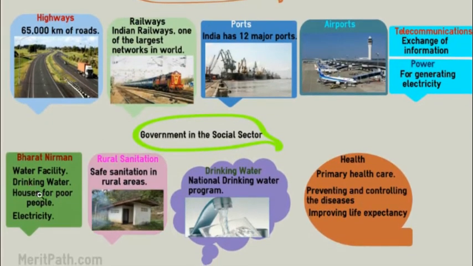Bharat Nirmaan, an initiative by the government to provide water facility, drinking water, houses for poor people and electricity. Rural sanitation, safe sanitation in rural areas. Drinking water, providing safe drinking water for the people. Health: primary health care, preventing and controlling the diseases and improving life expectancy.